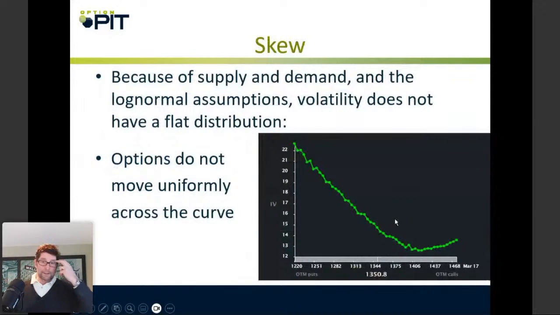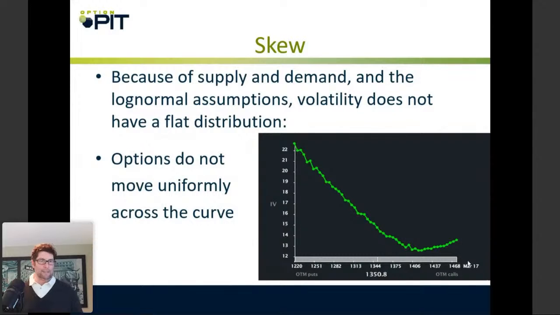So what the market does is it skews the option prices. Because of supply and demand, you don't have a flat volatility, right? If Black-Scholes was writing a volatility curve, it would just be a straight horizontal line, one vol for all strikes.